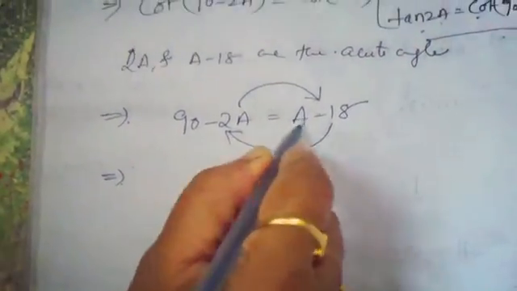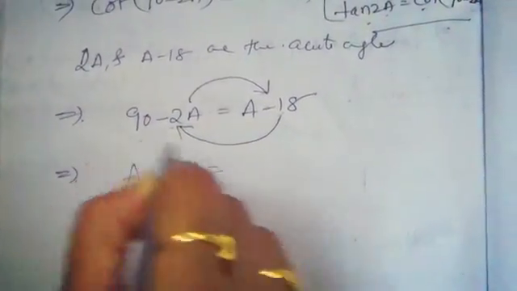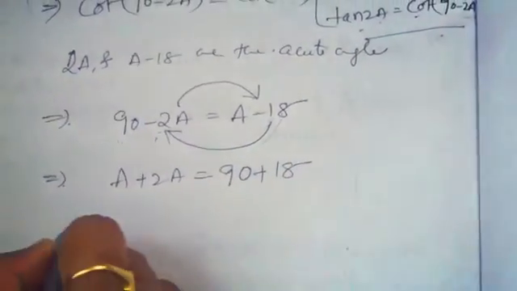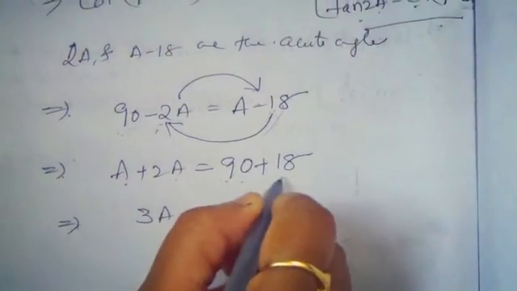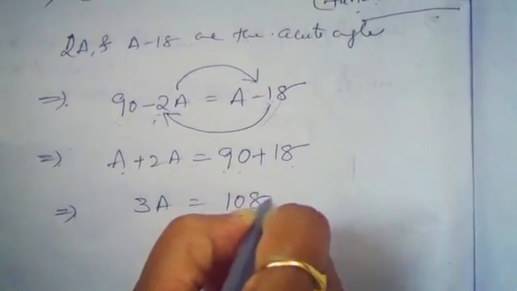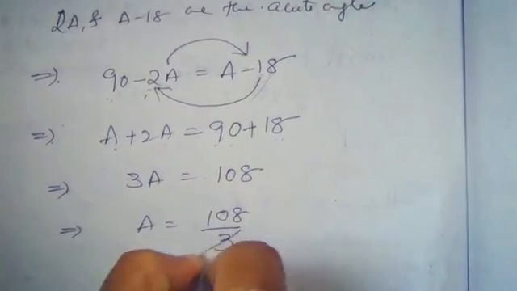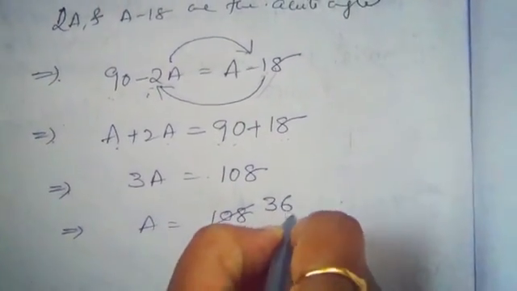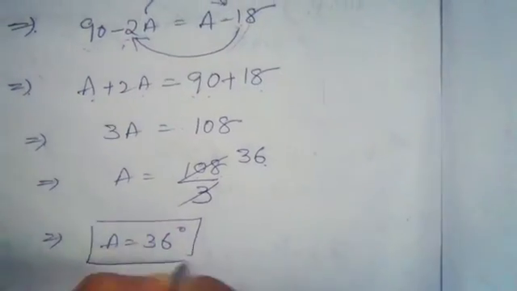That is A plus 2A equals 90 plus 18. That implies 3A is equal to 108. That implies A is equal to 108 by 3. On cancellation, it is nothing but 36. That implies A is equal to 36 degrees. Here you have the value of A.